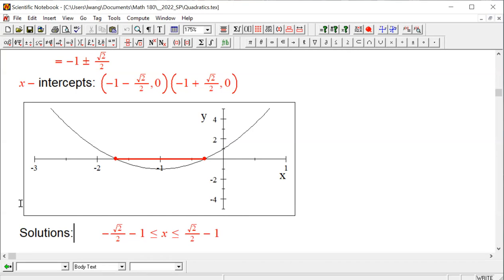A lot of the ideas can also be applied to other situations, to other functions. For example, the idea of finding x-intercepts. How is this idea very, very useful?